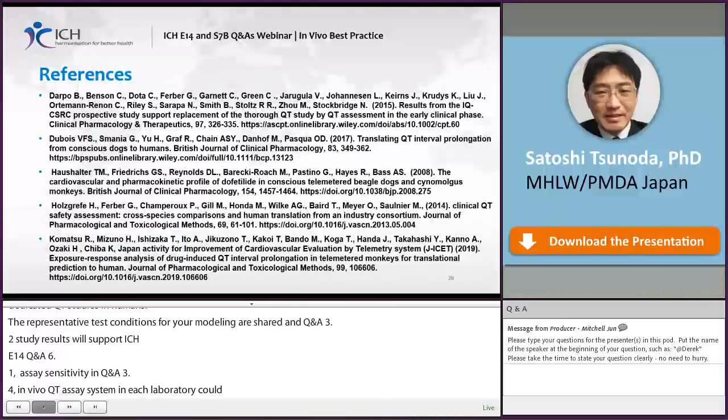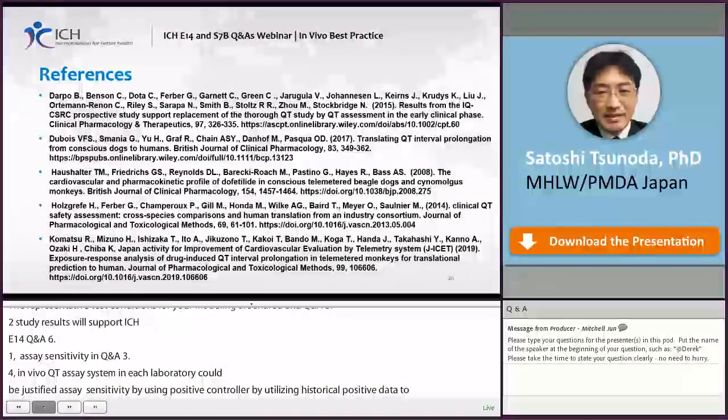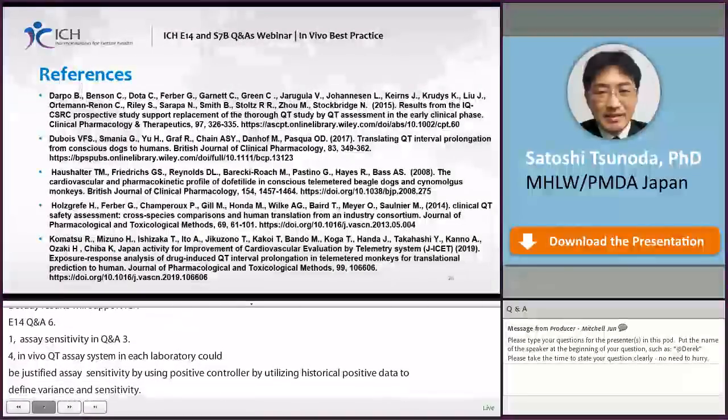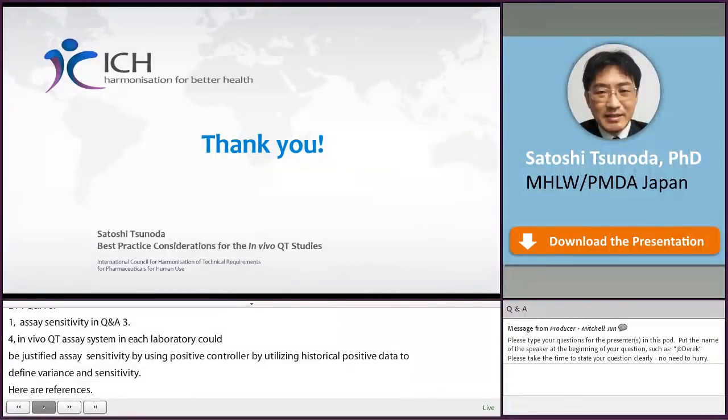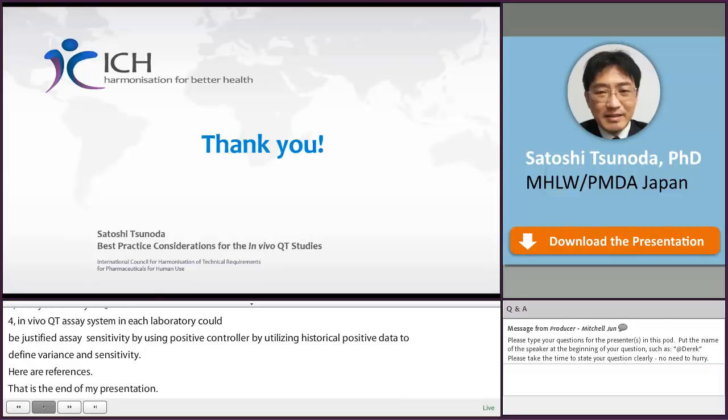Next slide is references. Detailed test conditions and method could be referred to in these articles. That brings me to the end of my presentation. Thank you for your attention.